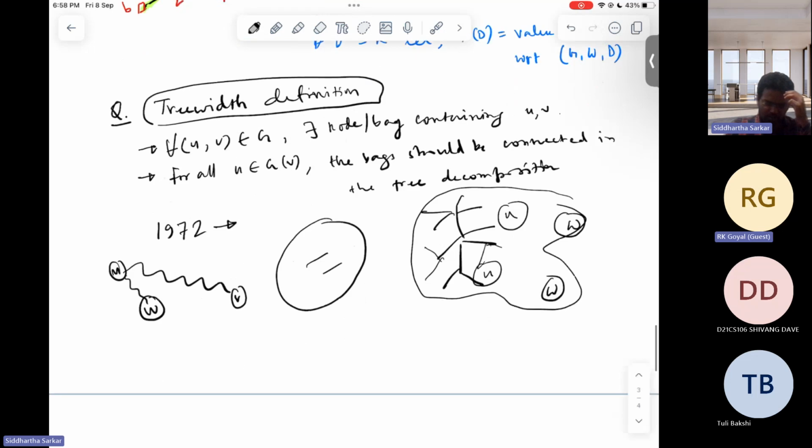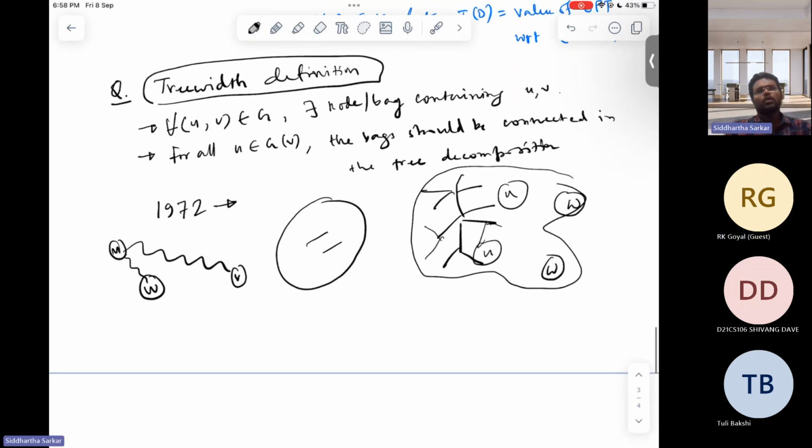This decomposition is definitely not unique. We are interested in reducing the bag size as much as possible, and there was some definition of nice tree decomposition also, where we had certain other constraints.